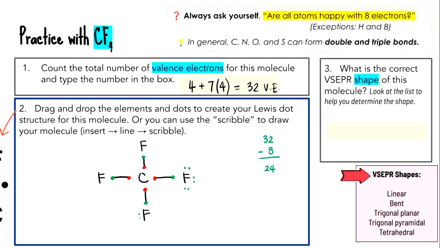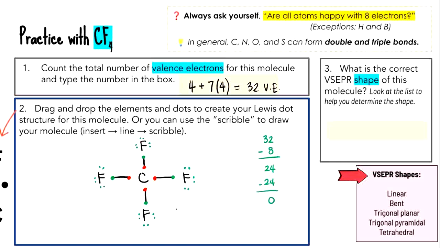So let's draw 6 more valence electrons around each fluorine. Well, how many additional electrons did we just draw? 6 on each. 6 times 4 is 24. We drew 24 valence electrons, and we have none left.